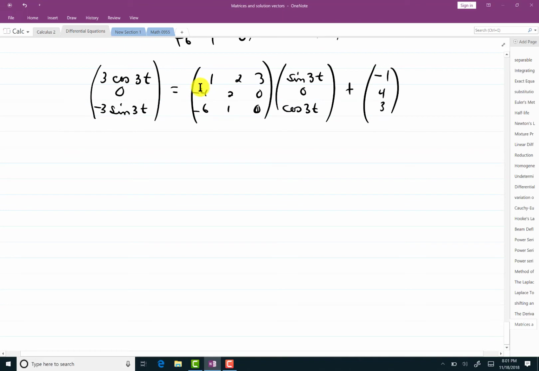I need the right-hand side to match this left-hand side. So remember, this matrix now, we'll have a vector that has 3 rows but 1 column. So let's go ahead and start that. So what you do is 1 times sine of 3t plus 2 times 0 plus 3 times cosine of 3t.